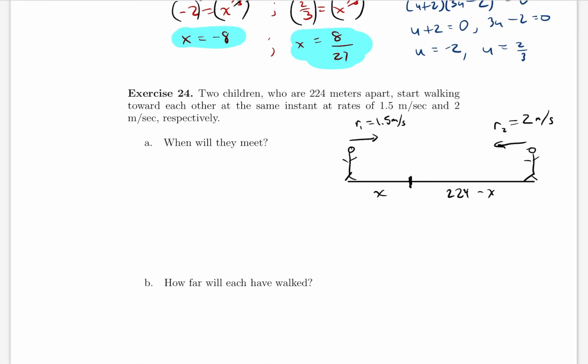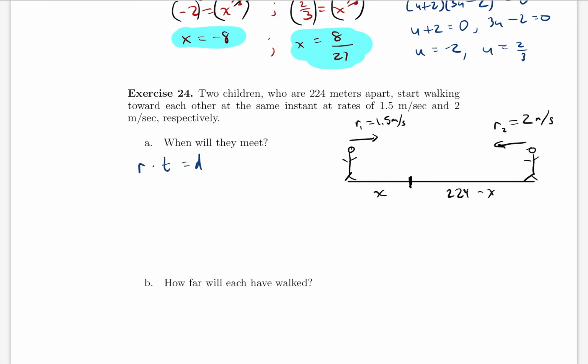Okay, and then we know that the time it takes for this child to get here is the same time it takes this child to get here, because they're starting at the same instant and they're meeting here. So this time is equal to that time. We don't have to differentiate between time 1 and time 2. We can just call it t for both of them. So rate times time is equal to distance.